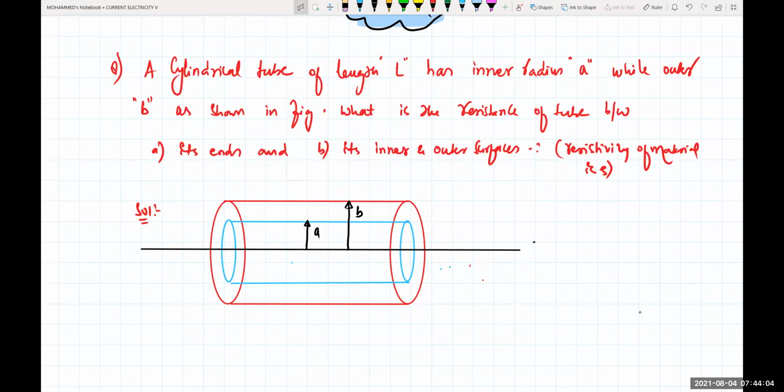The cylindrical tube has length capital L, inner radius A, while the outer radius is B. What is the resistance of the tube between its ends and between the inner and outer radius? The resistivity of the material is given as rho.